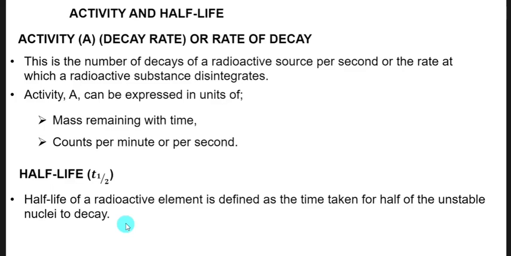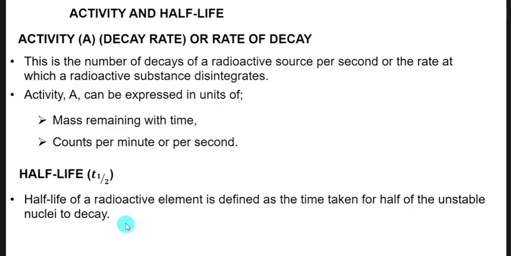So now let's say you found it at 20 counts per minute. Then after some time, you come and measure it, and it is at 10 counts per minute. Then the time that has been taken to move from 20 counts per minute to 10 counts per minute is what we call half-life.